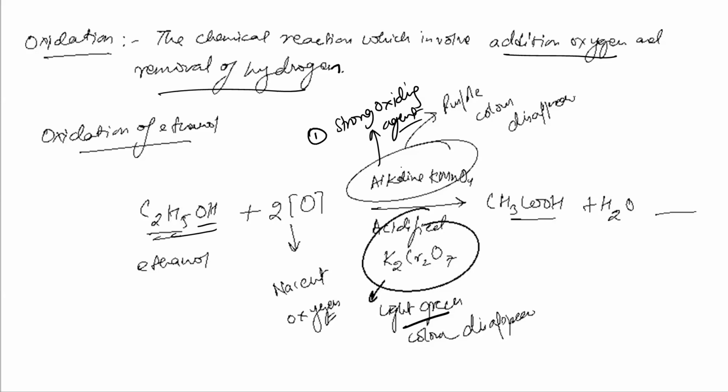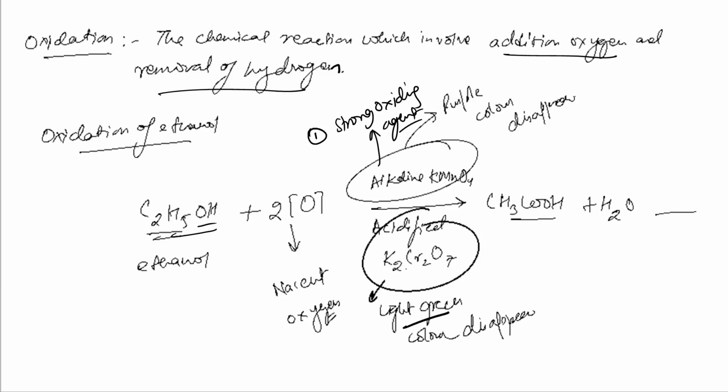Got it? Yes, sir. So you noted down that C2H5OH, ethanol, when it reacts with alkaline potassium permanganate or acidified potassium dichromate, the purple color of the permanganate disappears. And if we have acidified potassium dichromate, then its light green color will disappear.